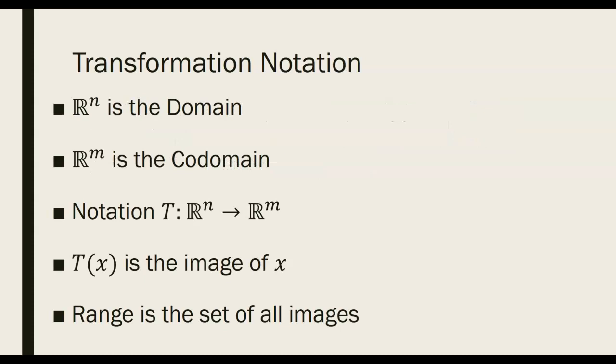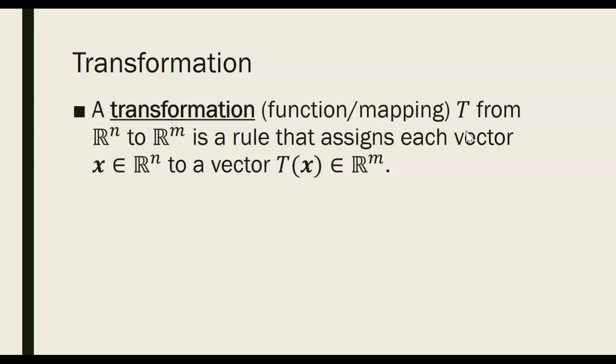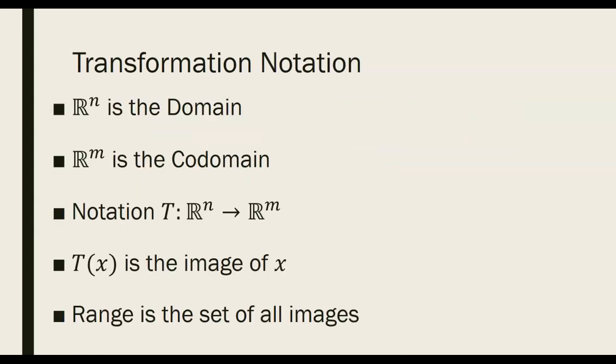Now, as far as the notation goes, let me scroll back just a second. Notice this was a transformation from Rn, so vectors of size n, to vectors of size m. So if we're going from n to m size vectors, the notation we'll say is this.